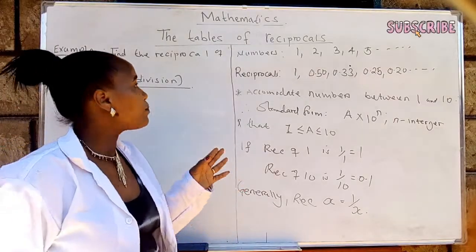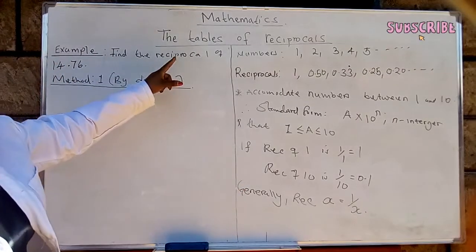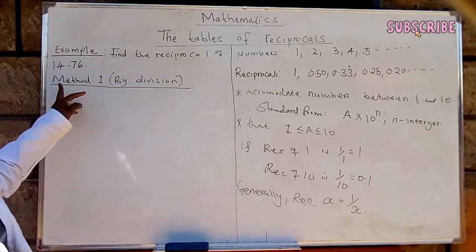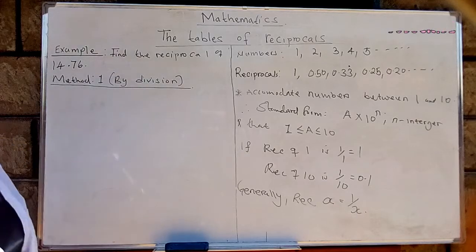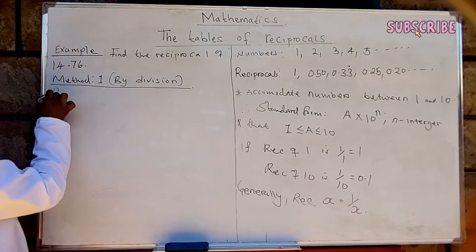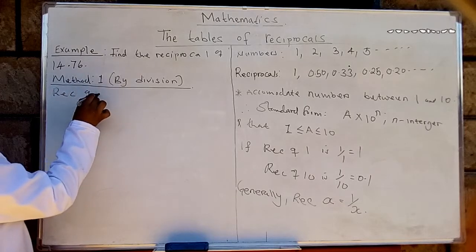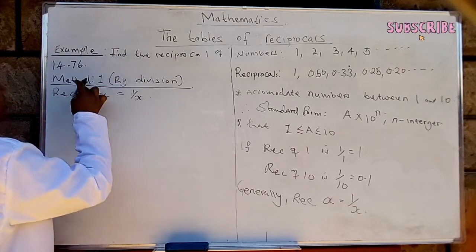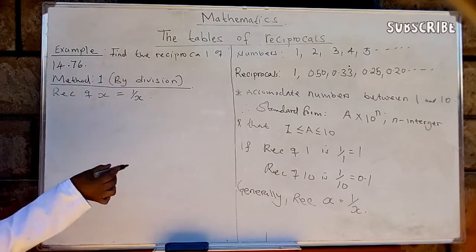So we have the example here where we are trying to find the reciprocal of 14.76, and the first method we are going to use is the division method. So we know that the reciprocal of any number, we can call it x, is equal to 1 over x, and in this case our x is 14.76.